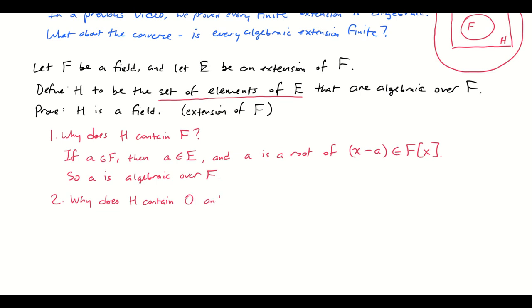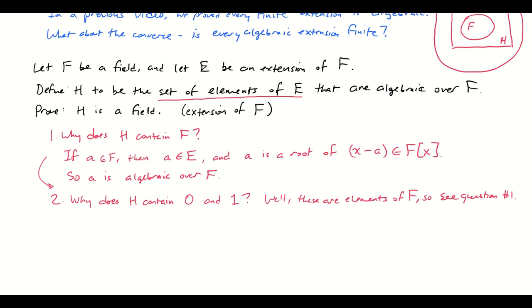So 0 and 1. Well, that actually has been answered by question number 1. That's because these are elements of F. So just see question 1. We already know that 0 and 1 are algebraic because we proved that all elements of F are algebraic.